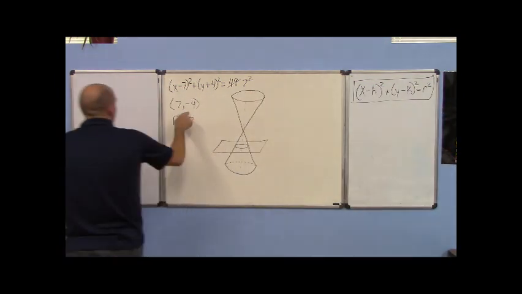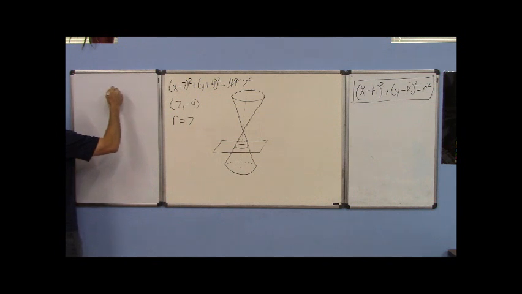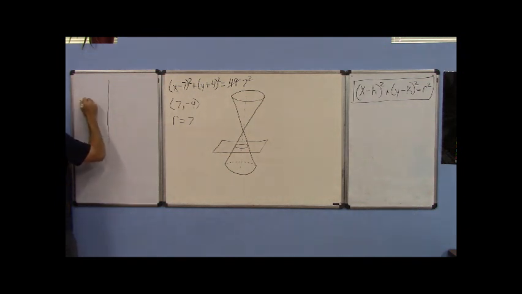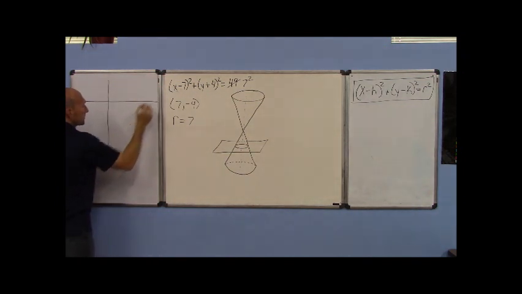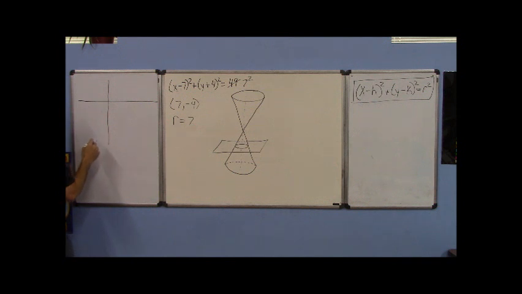What this means here is if we were graphing, so if it was 1, 2, 3, 4, 5, 6, 7, and then 1, 2, 3, 4. This is our center point.